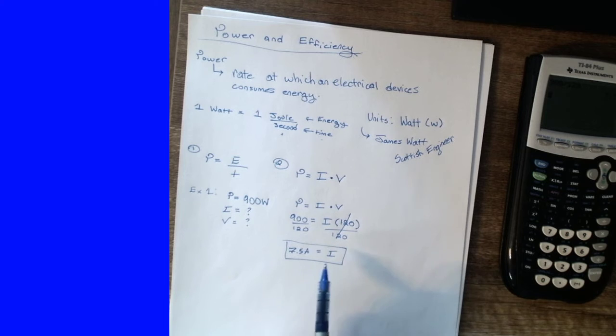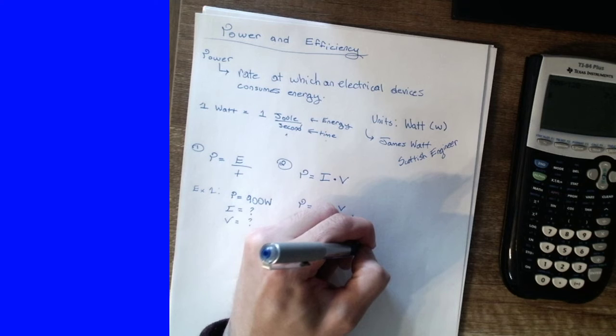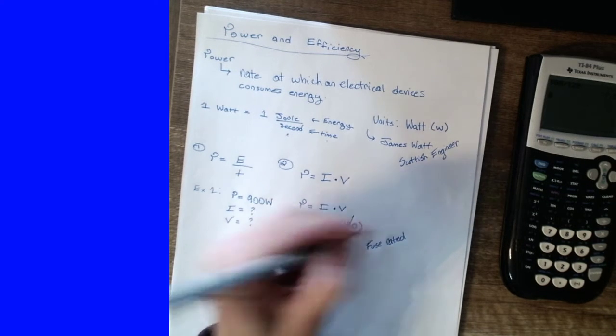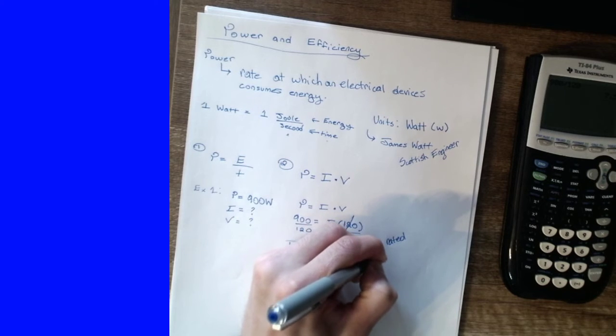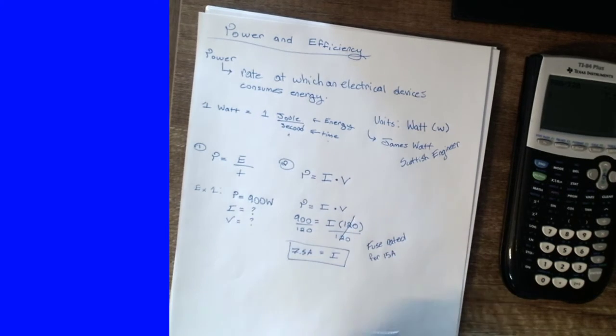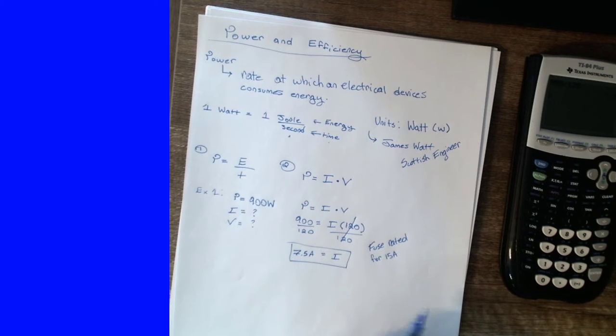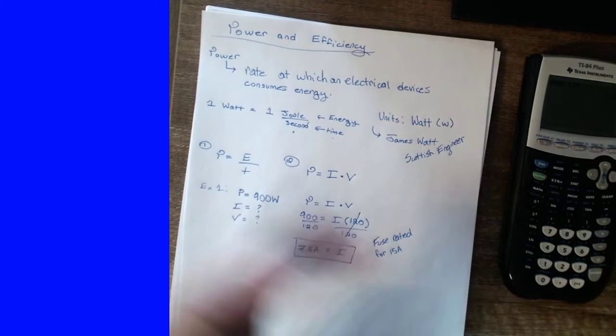So this 7.5 amps is actually a good amount of current. Just keep that in mind, that is a substantial amount. A fuse rated at 15 amps would blow if you ran this and something else with a high amperage, like a microwave or a stove, so long as it's connected to the same circuit.